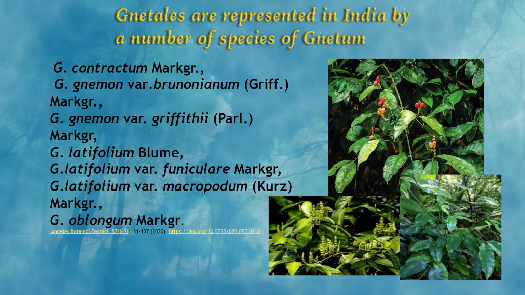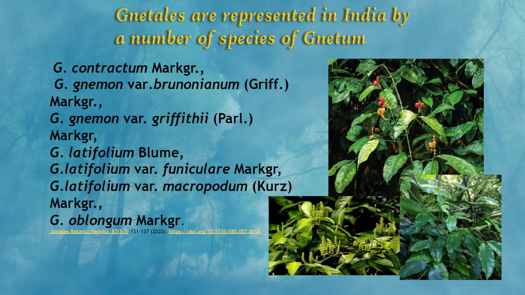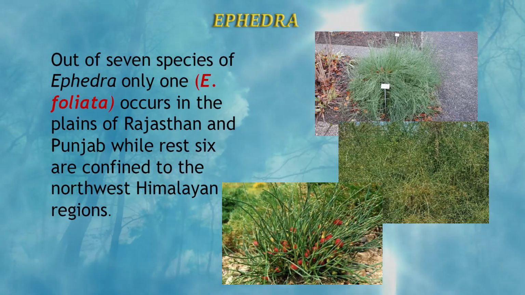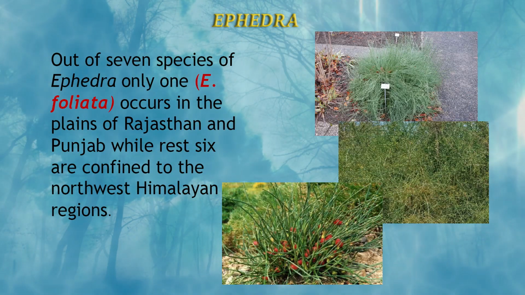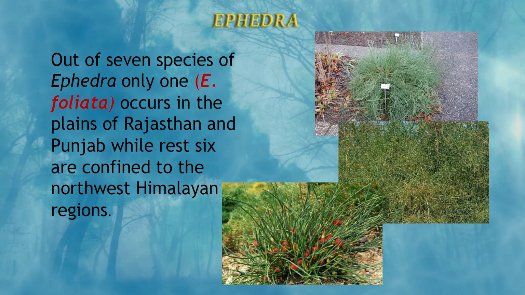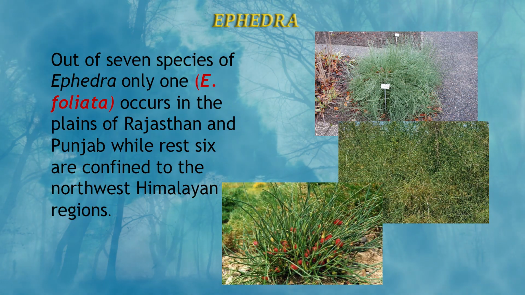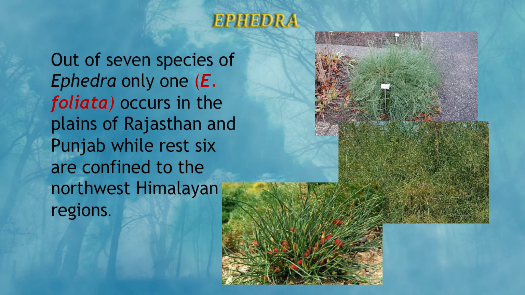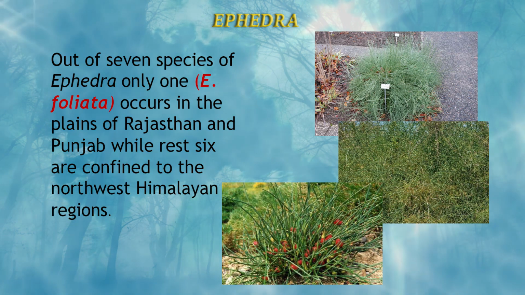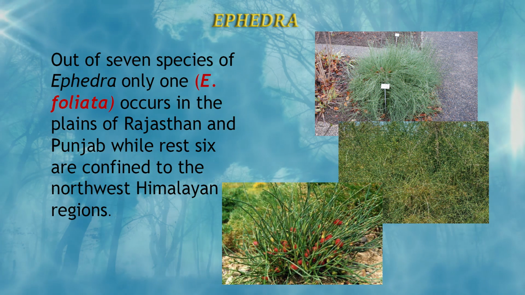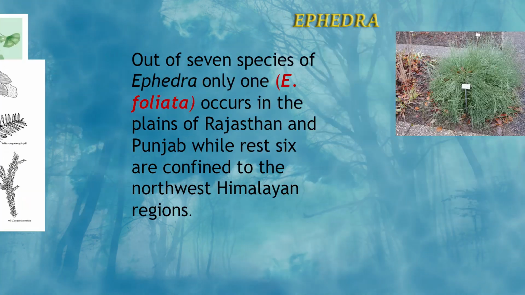So, these are the species which are found in India. Similarly, of Ephedra we have 7 species, and they are found in the plains of Rajasthan, which is Ephedra foliata, and the rest of the 6 are confined to the northwest region of the Himalayas.